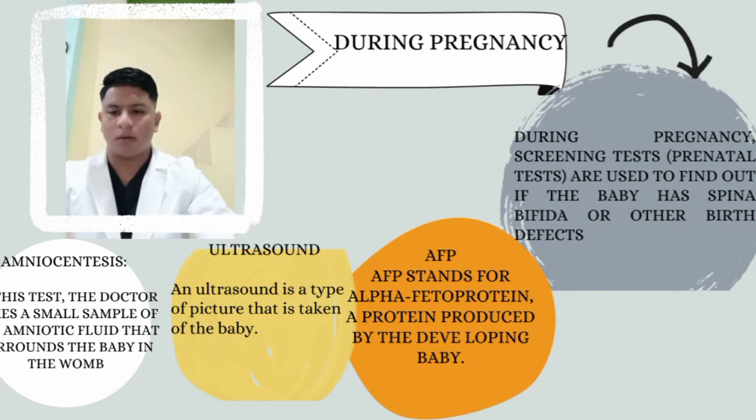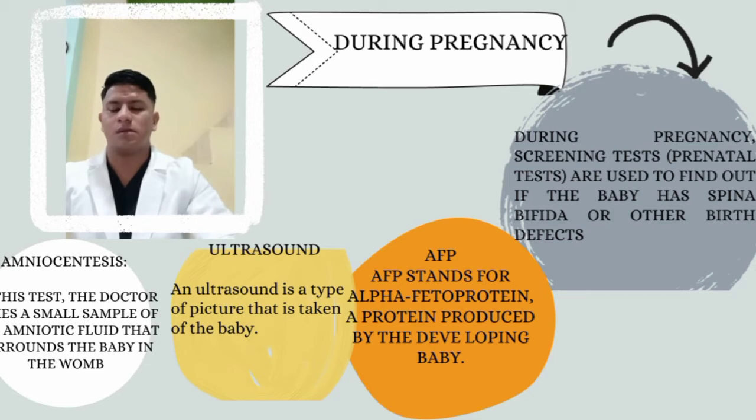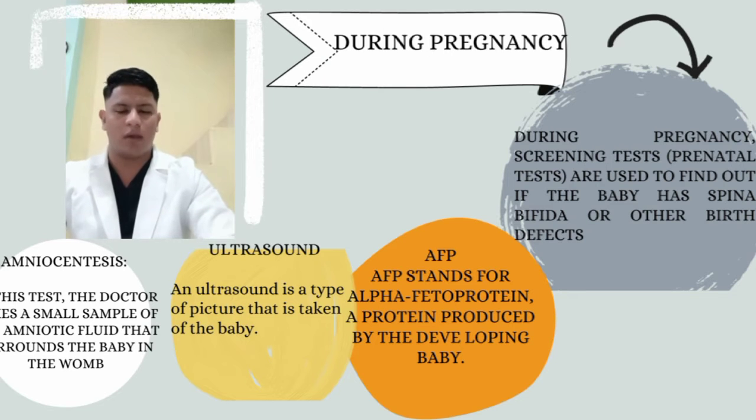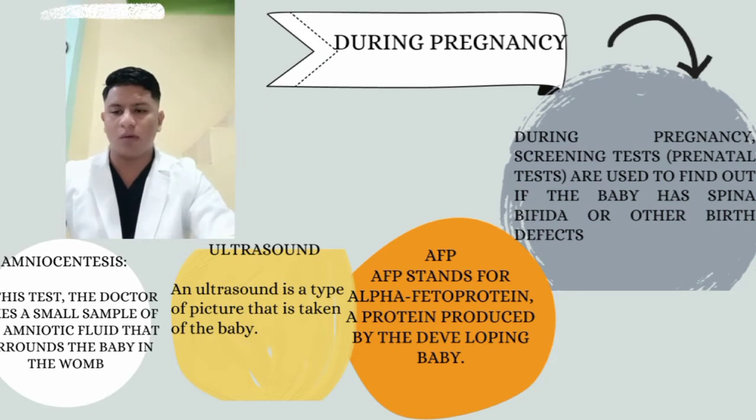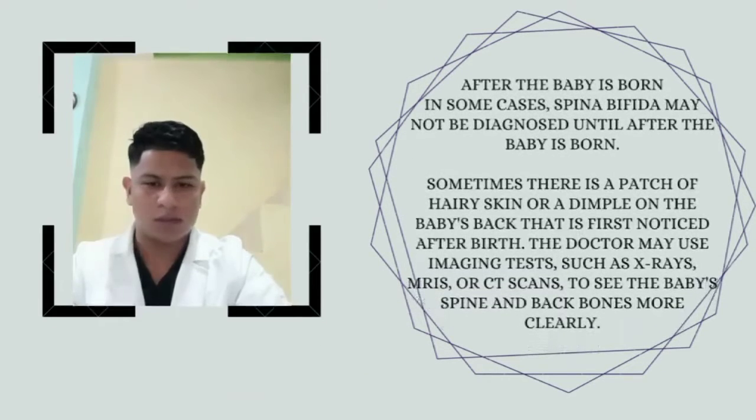amniocentesis. In this test, the doctor takes a small sample of the amniotic fluid that surrounds the baby in the womb. A higher than average level of AFP in the fluid could indicate that the baby has spina bifida.